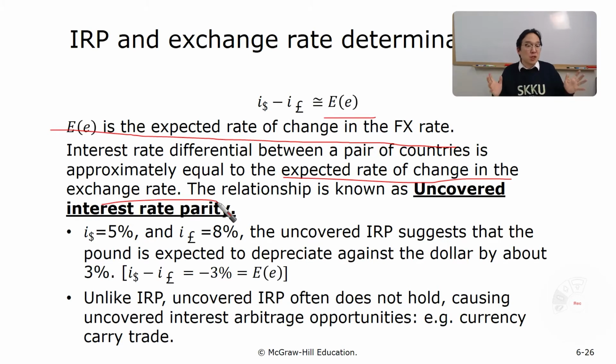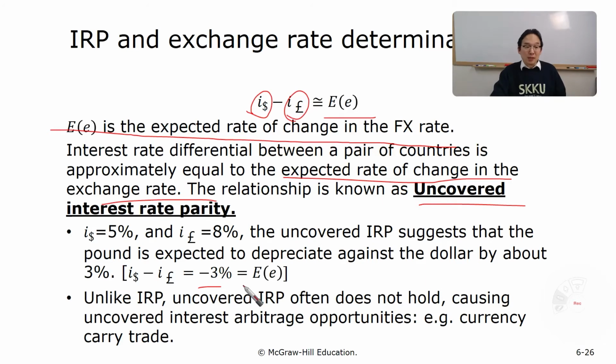The relationship is known as uncovered interest rate parity. Uncovered. So for example, the dollar rate is 5%, the pound rate is 8%. The interest differential is negative 3%, because 5 minus 8 is minus 3%.